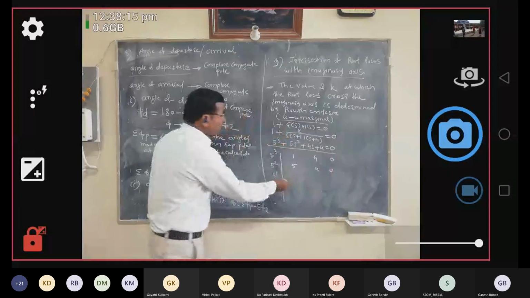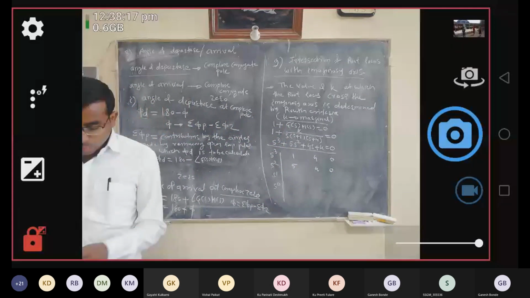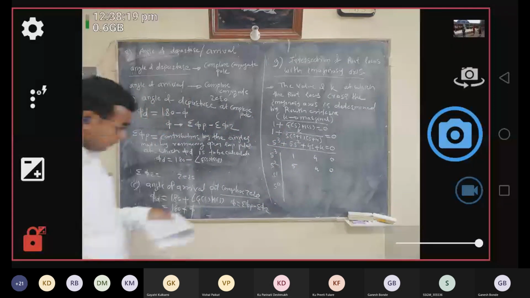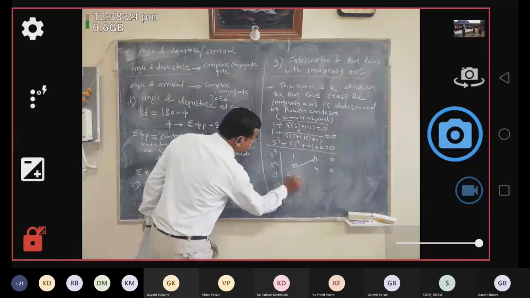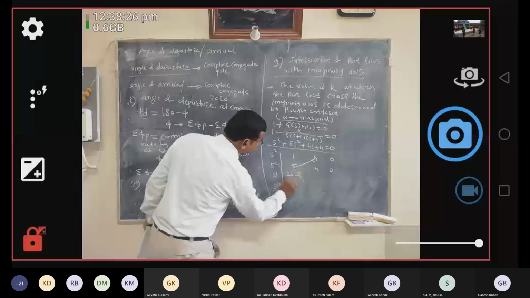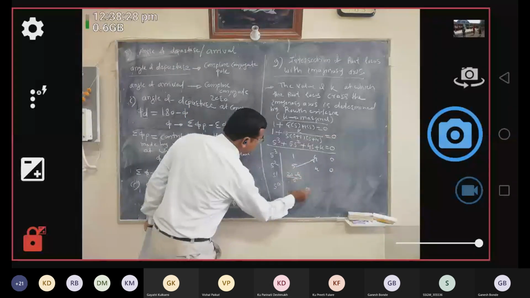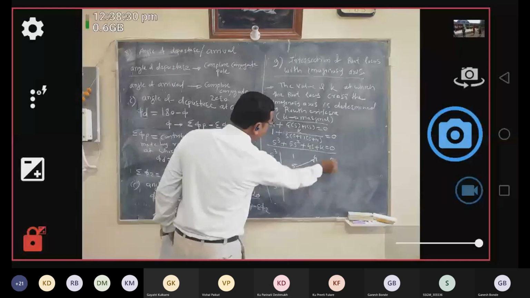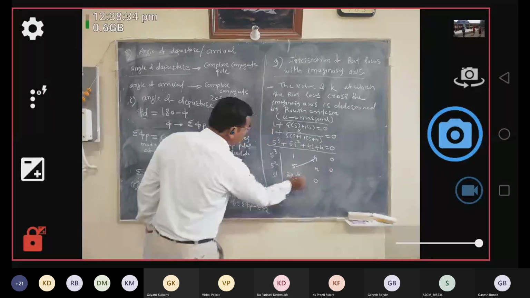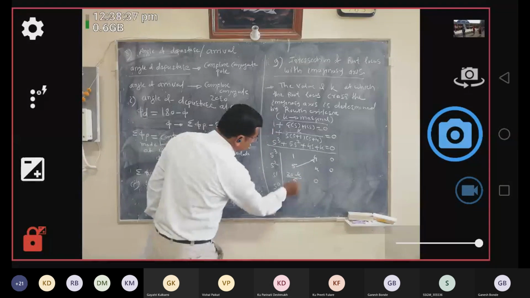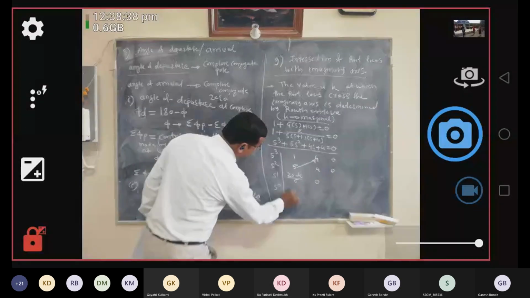Tell me the s1 row element and s0 row element. So 5 into 4 which is 20, minus k, upon 5. And 5 into 0 minus 1 into 0 will be 0. Here the s0 element will be k.